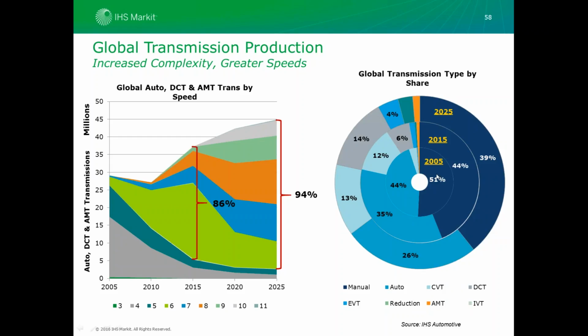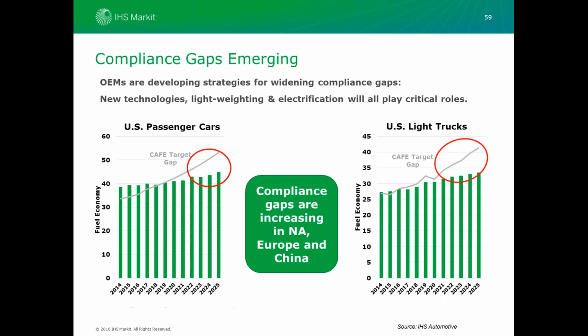And you can see here in 2005, about 95% of all vehicles simply had manual or automatic transmissions. By 2025, that number is going to be down to about 65%. And you can see the increasing share of all these different types of transmissions being added to the vehicle, all in an effort to go after those fuel efficiency regulations.